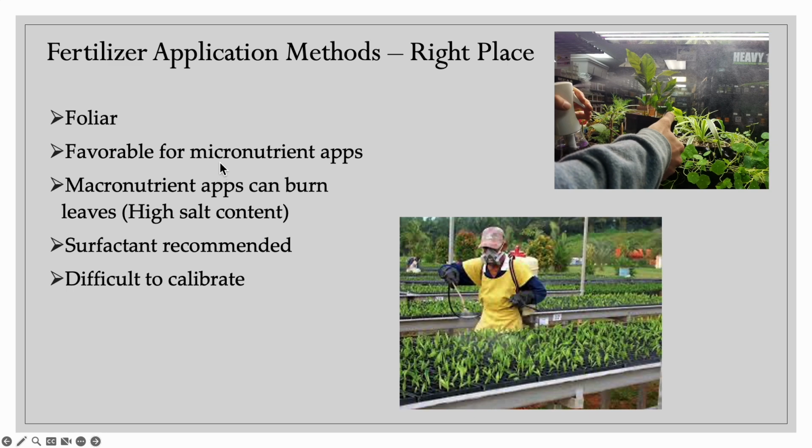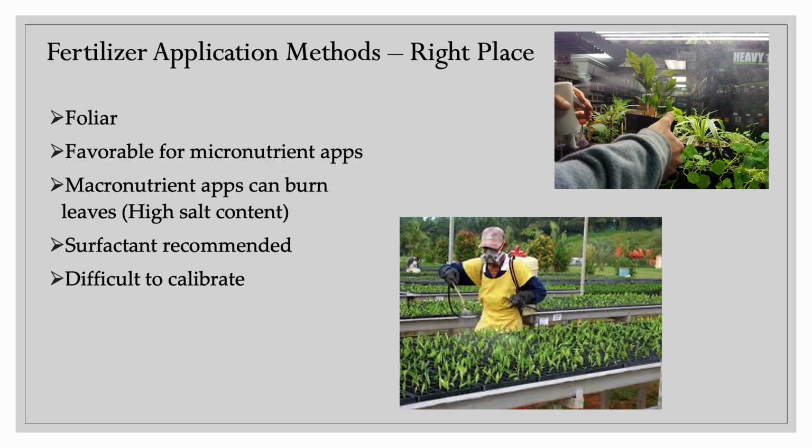Next, we have foliar applications, and so these are going to be best for micronutrients. We don't want to apply macronutrients such as nitrogen or phosphorus or sulfur because plants need those macronutrients in pounds per acre. And so they're not going to absorb that much nutrient through the leaves.